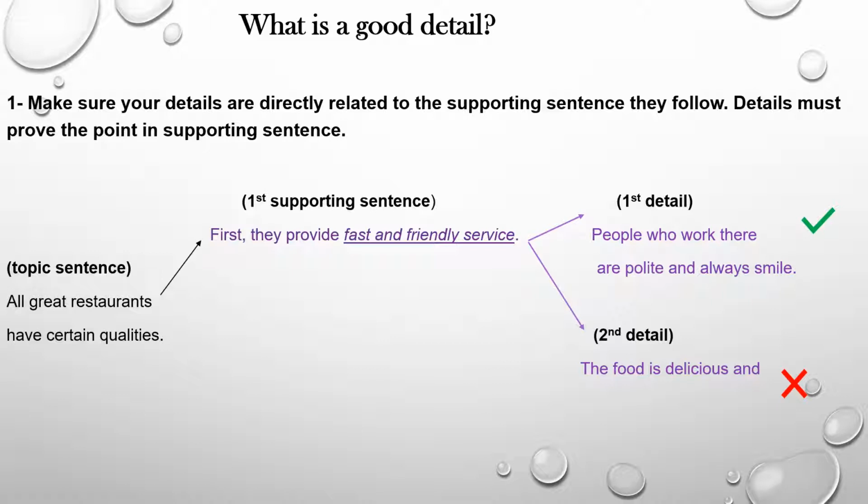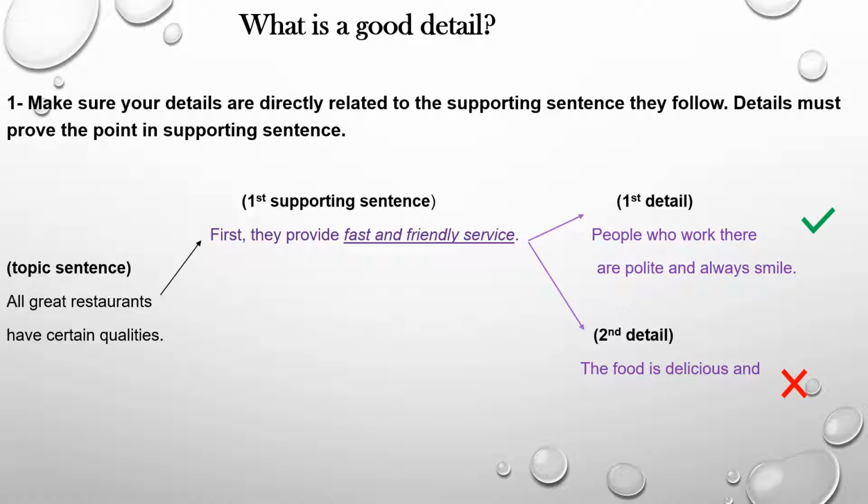Now let's have a look at the example of the paragraph we just went through. The topic sentence was, all great restaurants have certain qualities. The first supporting sentence was, they provide fast and friendly service. So any detail we give must be talking about fast and friendly service.